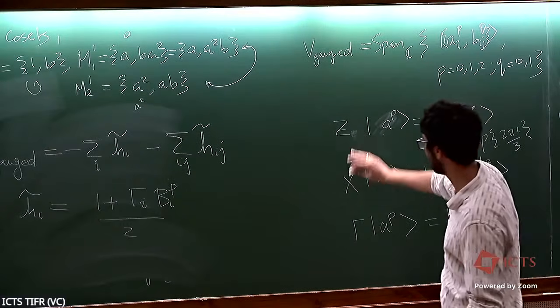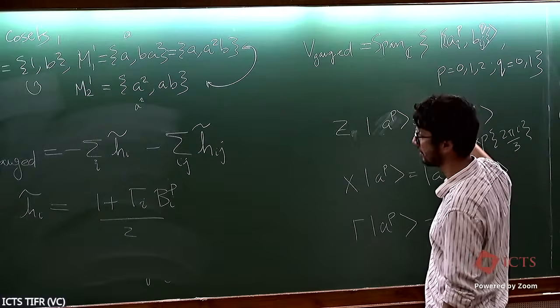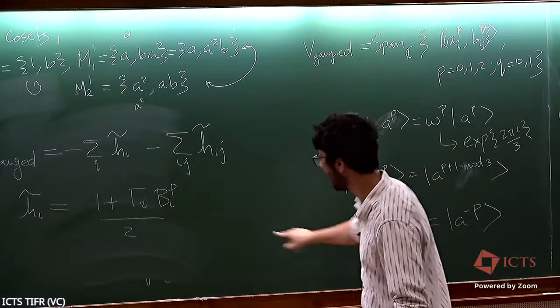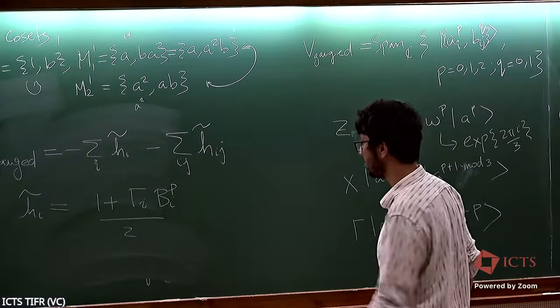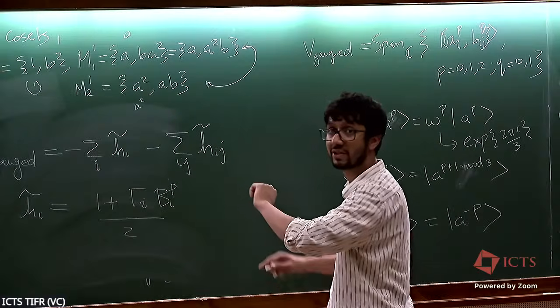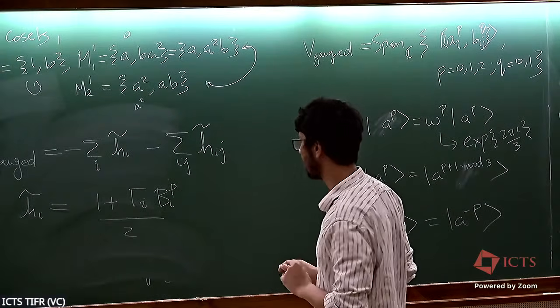So these are the operators that I'm going to describe the Hamiltonian using. And this gamma_i is basically the same one here. And B_P is the same product of sigma x's on the boundary of the plaquette that I described earlier.